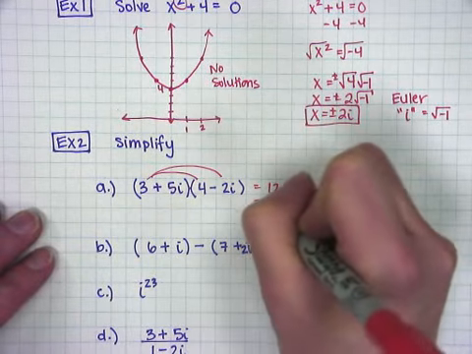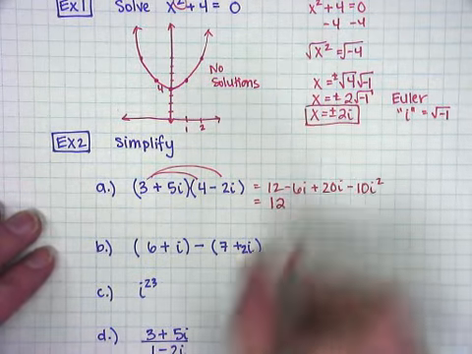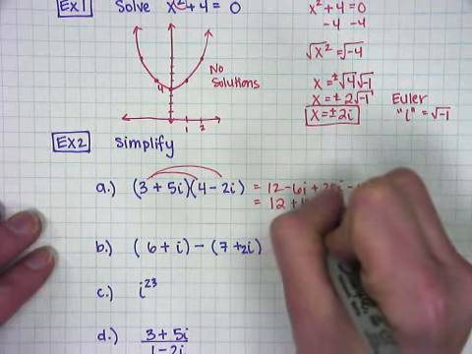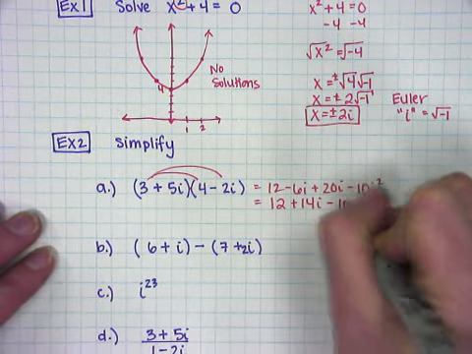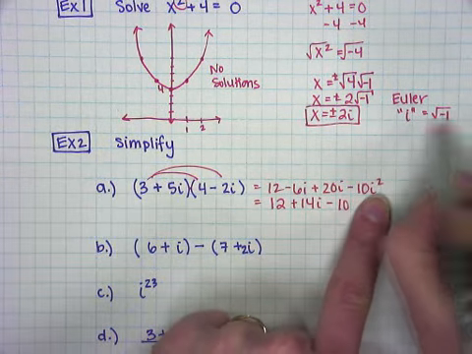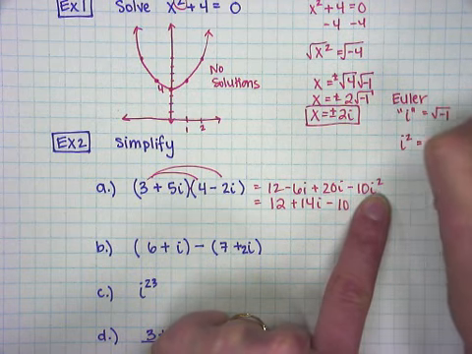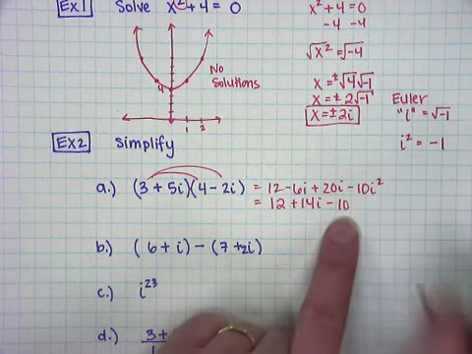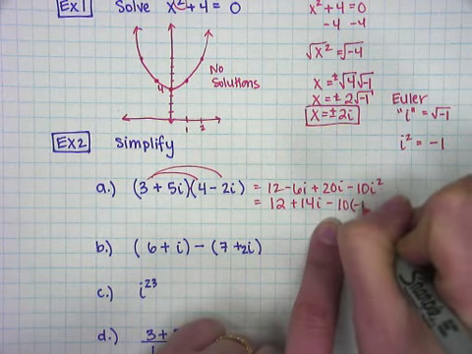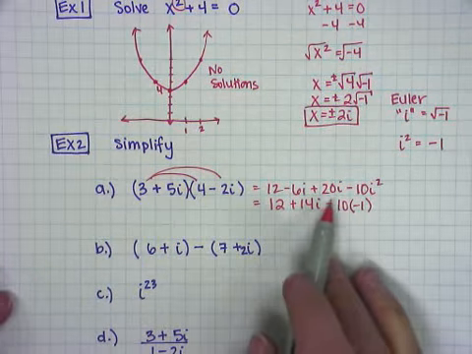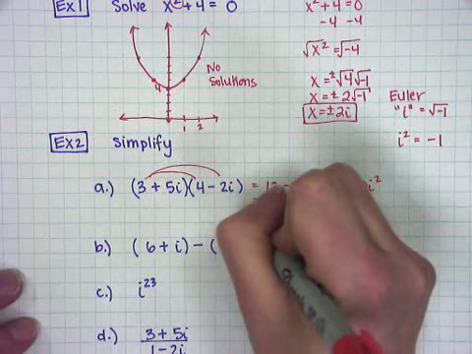So now I can combine some like terms here. I have 12, a minus 6i, and a plus 20i is a plus 14i. And i squared, since i is equal to the square root of negative 1, if I square it, i squared is equal to negative 1. And so instead of i squared, I can write a minus 1 here. Negative 10 times negative 1 is a plus 10.